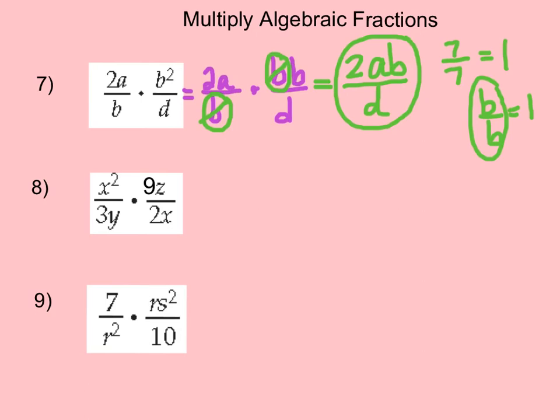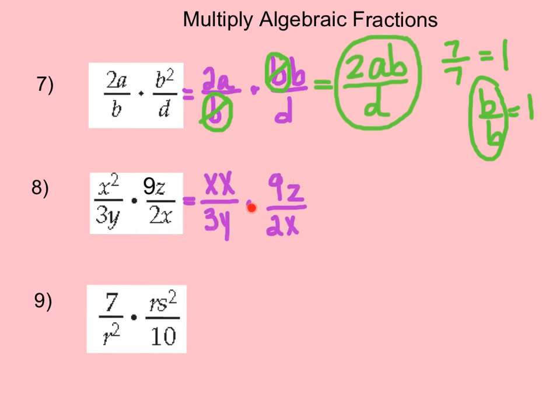Go ahead and write down number 8, and we'll walk through this one together. All right, so hopefully you expanded your variables. So we have xx over 3y times 9z over 2x. All right, so let's start looking for some things that we can reduce here.